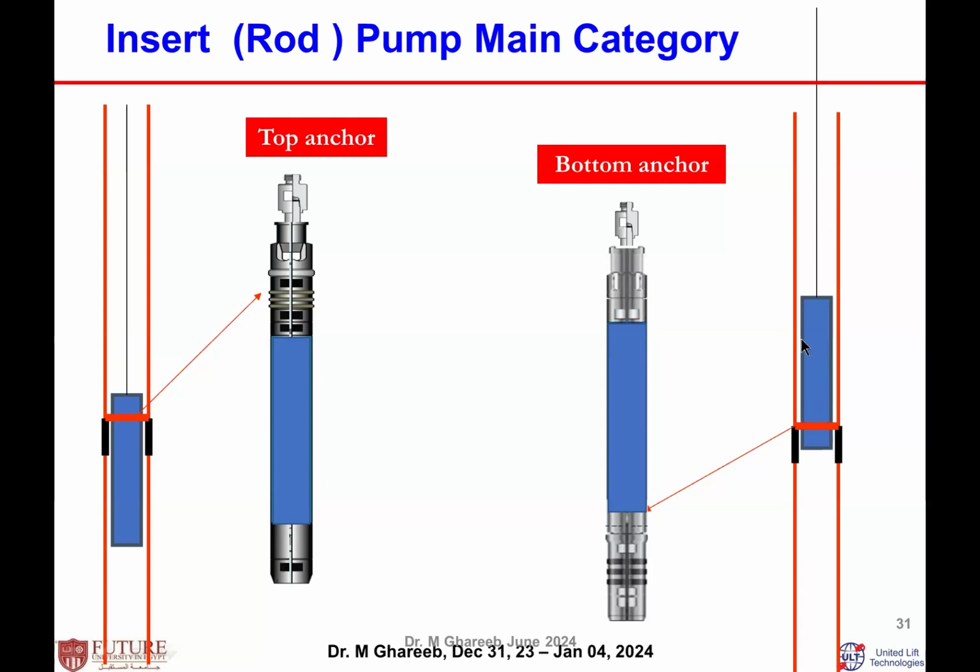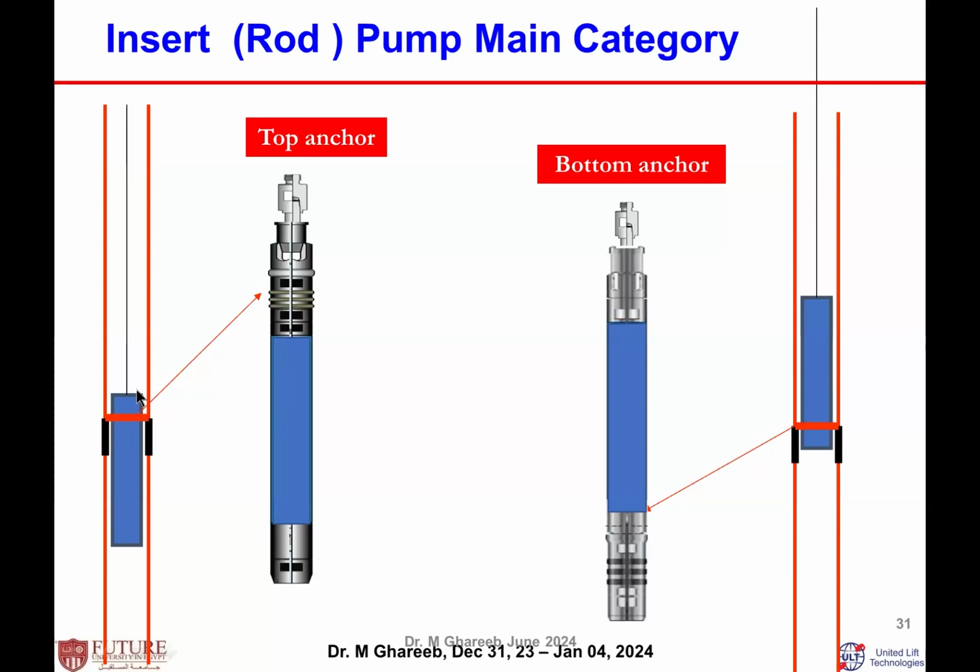If the sand starts to accumulate in this area, the pump will become stuck. If you have any problem with the pump, you will not be able to remove it from the well unless you remove the whole completion, and this will be a really big problem. So the bottom anchor pump is not suitable if you have sand.